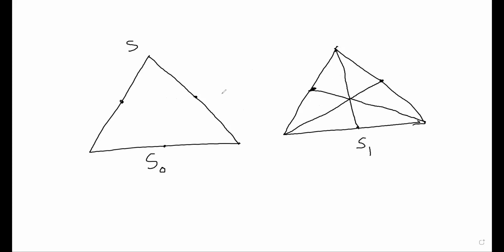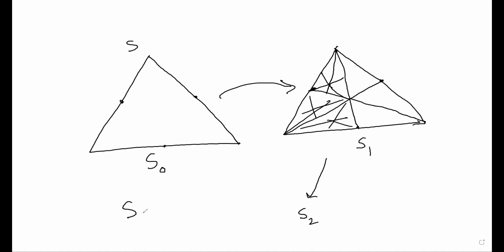So I convert this S0 to this S1, and then you repeat this. You look at each of these triangles, and again you apply the same trick. You draw the medians of the smaller triangles, and you do this for every triangle. So you reach S2, and you just continue like that: S0, S1, S2, S3, and so on.